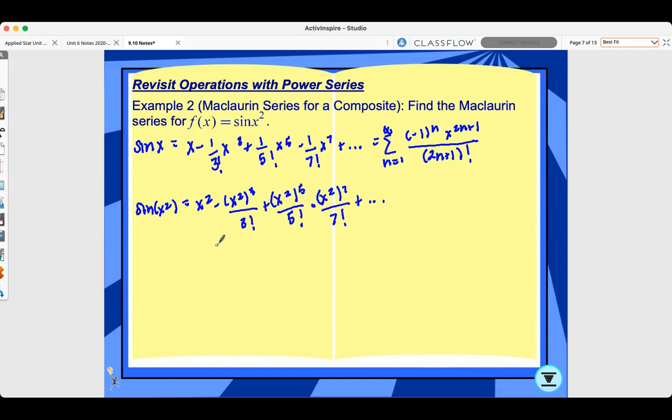And then we're going to simplify that. So we have x squared minus x to the 6th over 3 factorial plus x to the 10th over 5 factorial minus x to the 14th over 7 factorial plus dot dot dot.